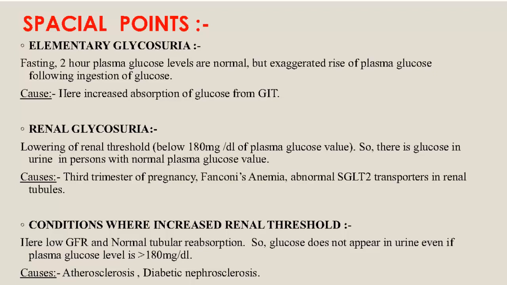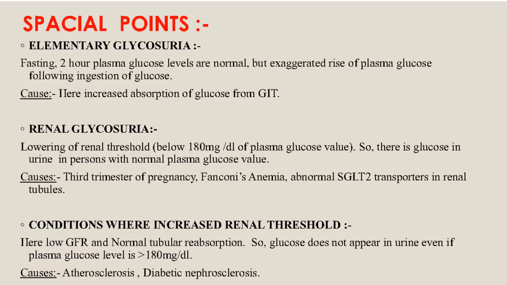The next special point is renal glycosuria. Here what happens? Lowering of the renal threshold below 180 mg per dL of plasma glucose value. So there is glucose in the urine in an absolutely normal person, a person with normal plasma glucose value. When does it occur?